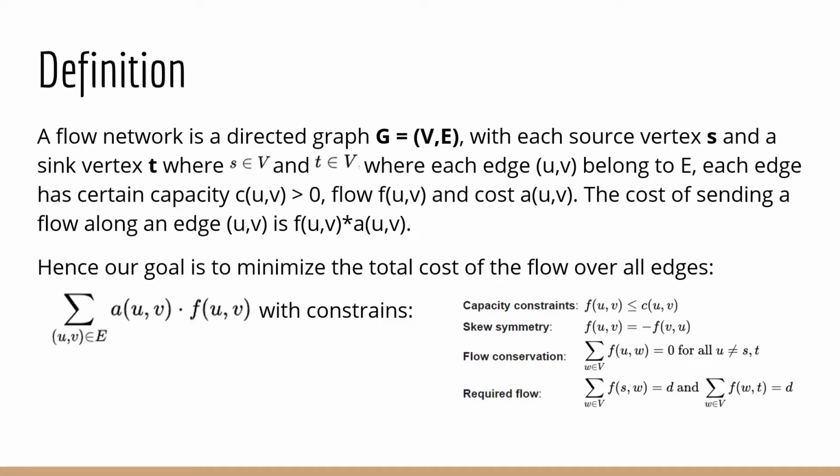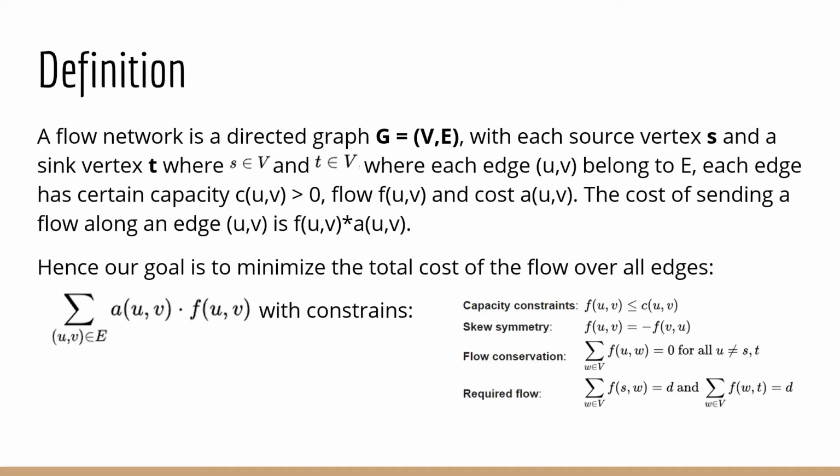The cost of sending a flow along an edge UV is the multiplication between F, which is the flow, and A, which is the cost. Hence, our goal is to minimize the total cost of the flow over all edges, and the summation of those must be the minimum.